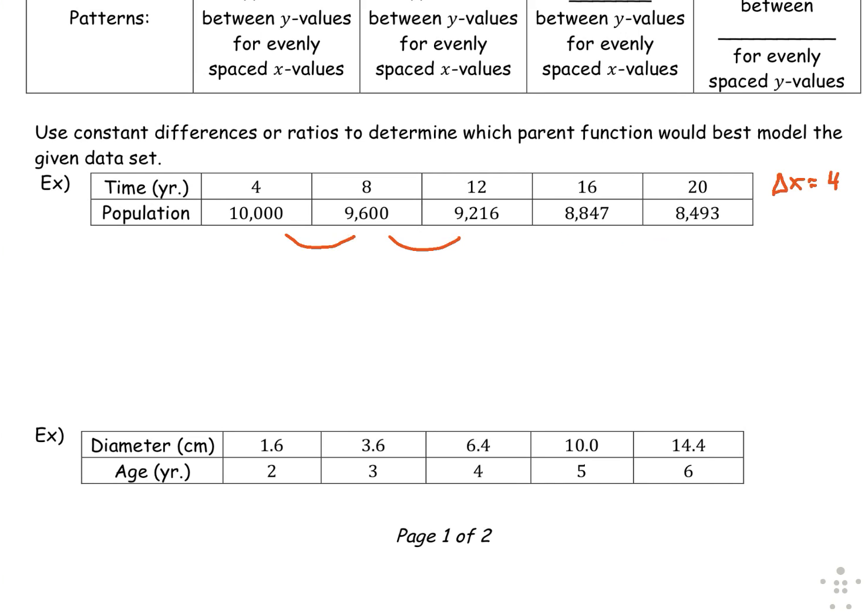You get an intuitive feel for a little bit, but also, hey, it's population. So my gut instinct is we're looking at exponential here. So I'm going to take the second y coordinate divided by the previous one, and I get 0.96. And then I'll take the third over the second.